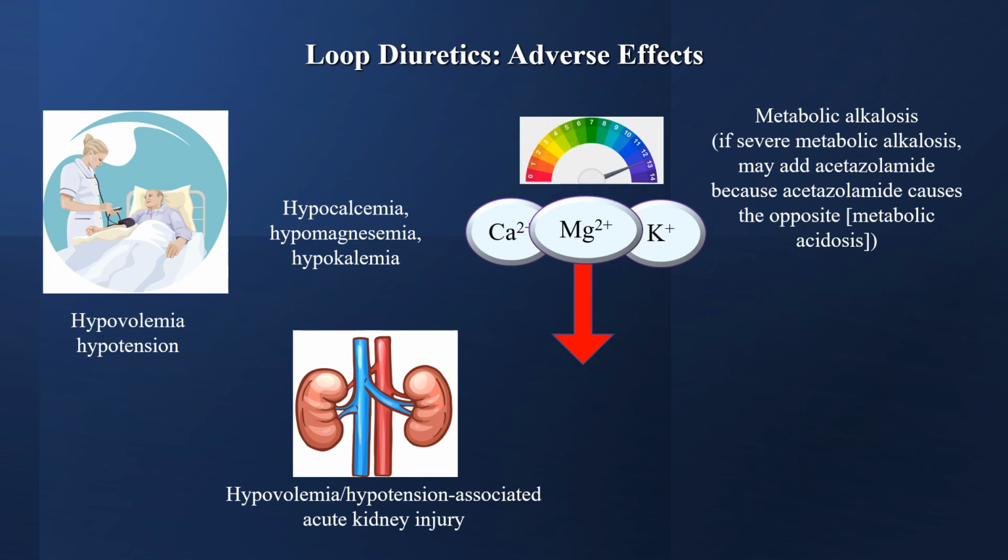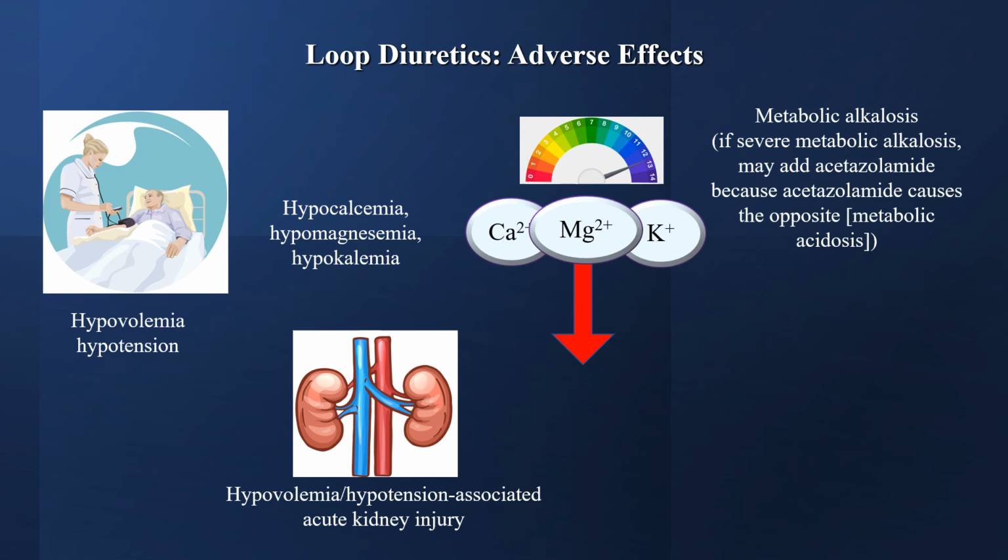Remember we mentioned earlier that acetazolamide is a weak diuretic and is not often used for its diuretic effect? As it turns out, acetazolamide is sometimes used as an add-on diuretic agent with a loop diuretic to counteract each other's acid-base disturbances.